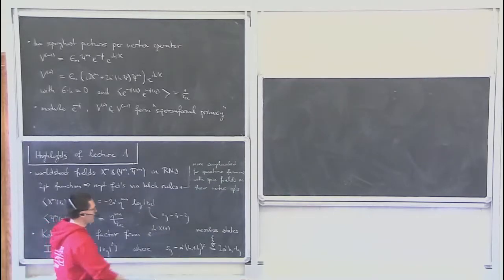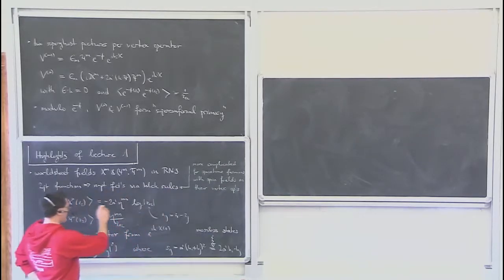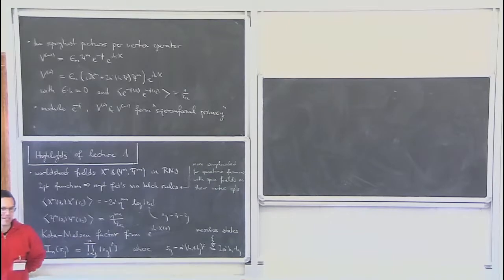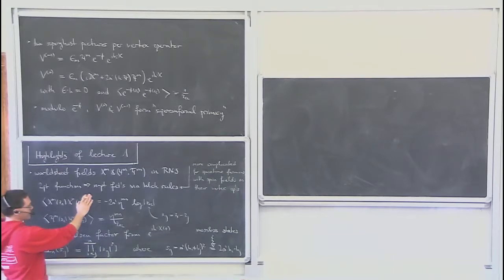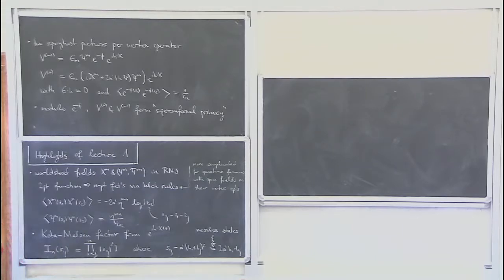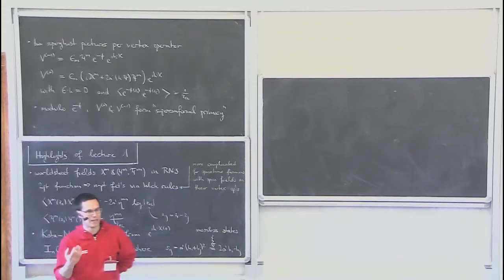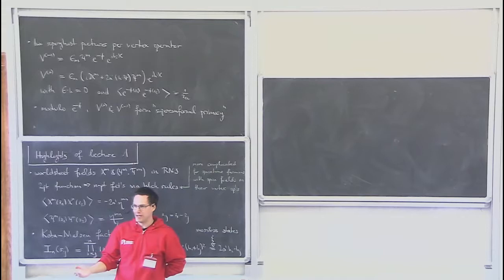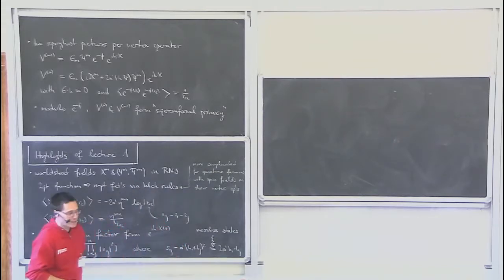There's one disclaimer that I should have made yesterday. The claim that the n-point functions are trivialized by Wick rules only applies in the Neveu-Schwarz sector when you scatter space-time bosons. Because if you want to generate a space-time fermion in the RNS formalism, you come across subtle ingredients, including the spin field.